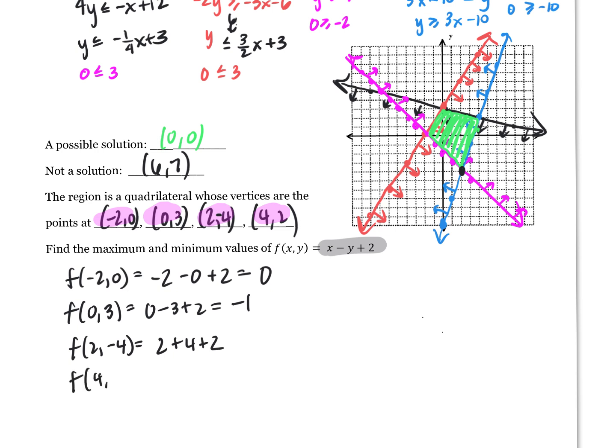Yes. Do we have to write it out like that? Not at all. You're just going from f of negative 2, 0 to equals 0. Absolutely. Anyone get 8? Yeah? What's my max? My max is 8. My min? Beautiful.